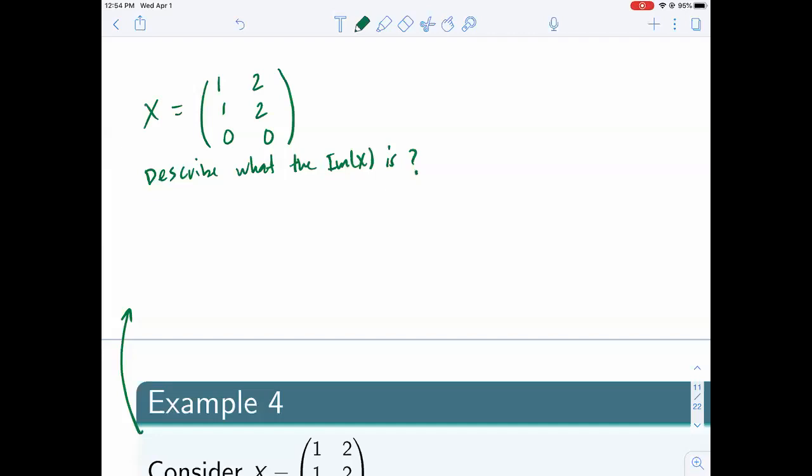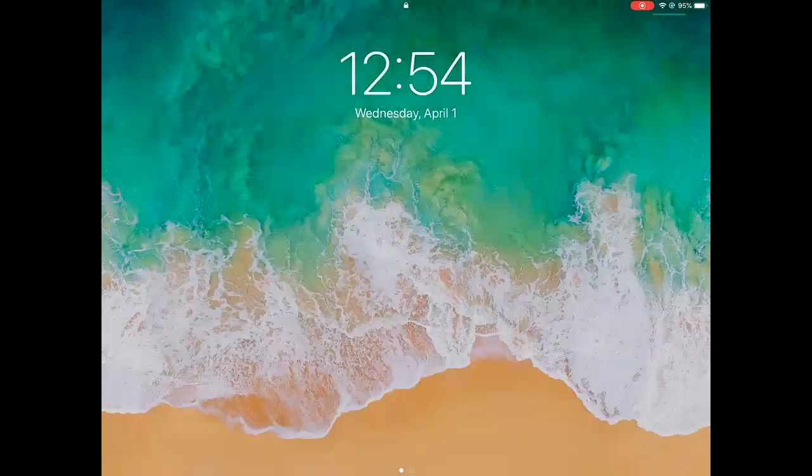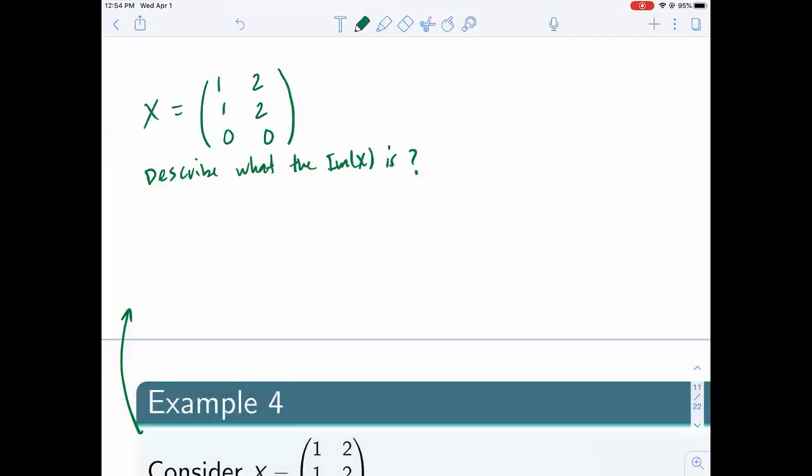Okay, so anyone wants to comment? Yes, go ahead. I was going to say that it is the span of the two columns, so span of (1, 1, 0) and (2, 2, 0). Yes.